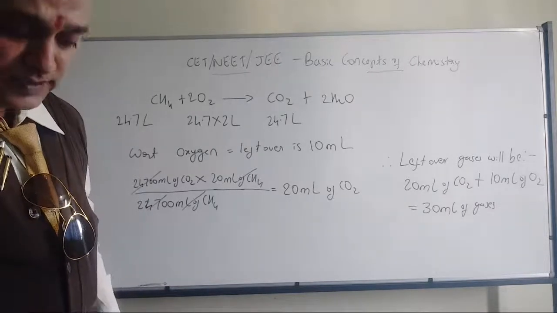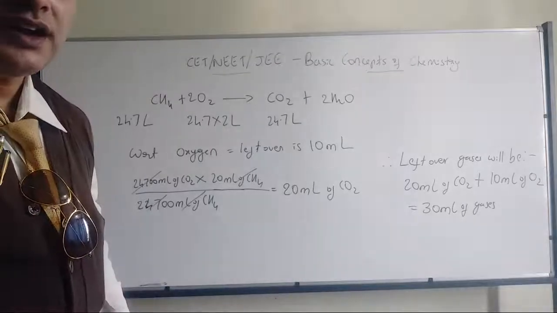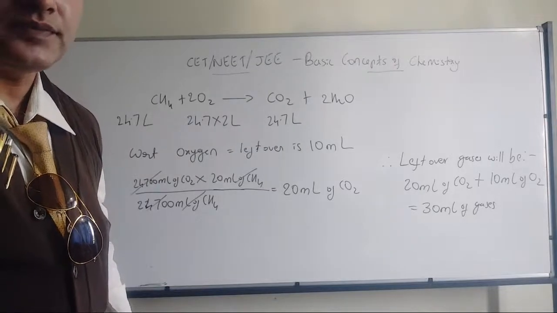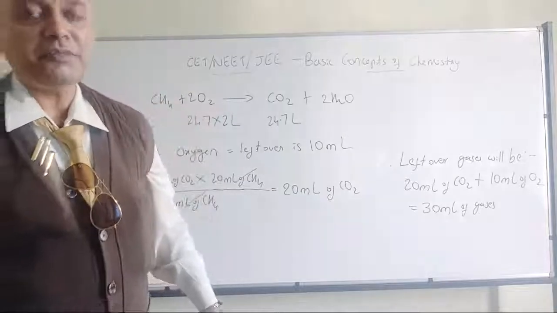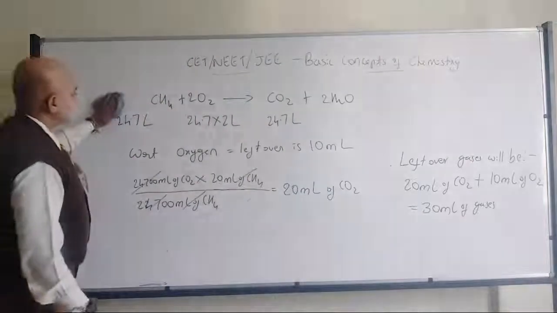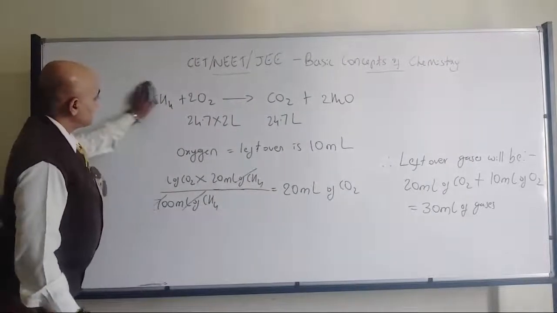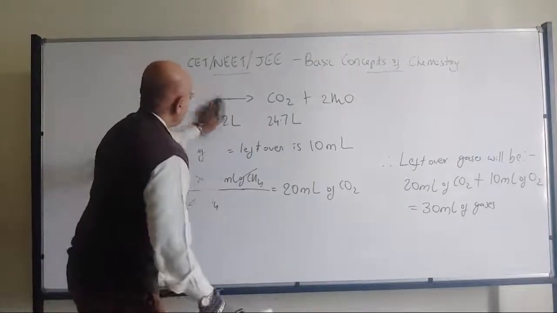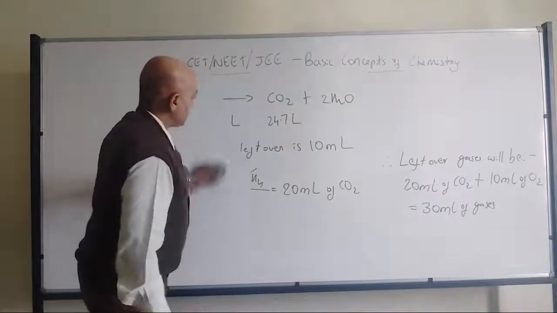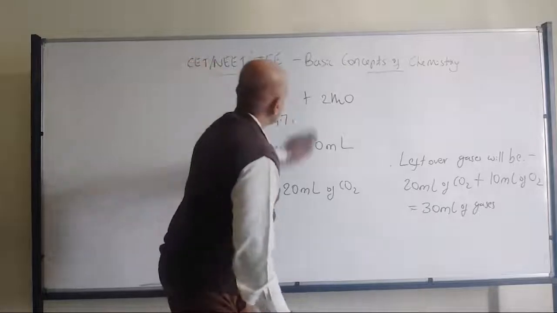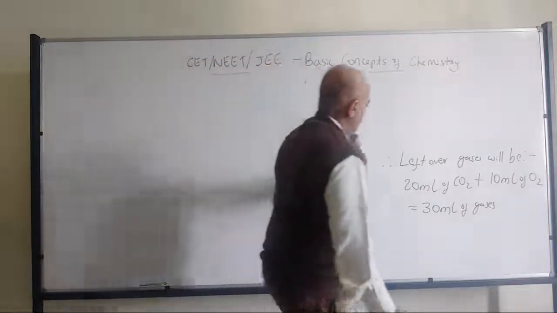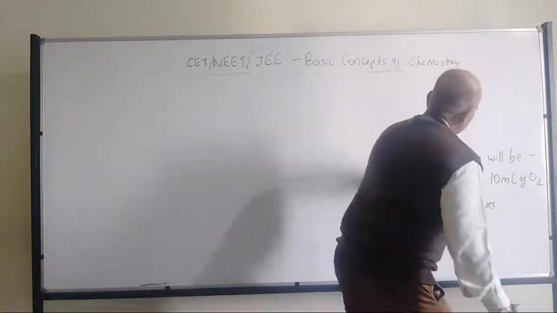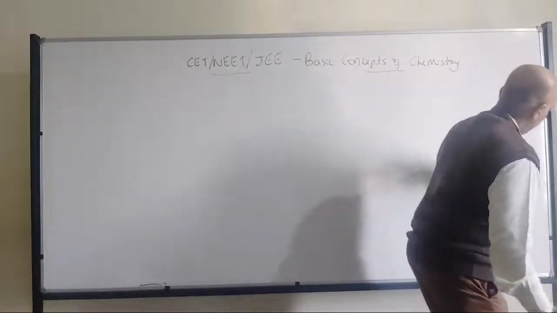Yes, you people had told, but I didn't recognize that. So it was correct. 30 ml should be the answer. You people are correct. Shall we move to the next one?